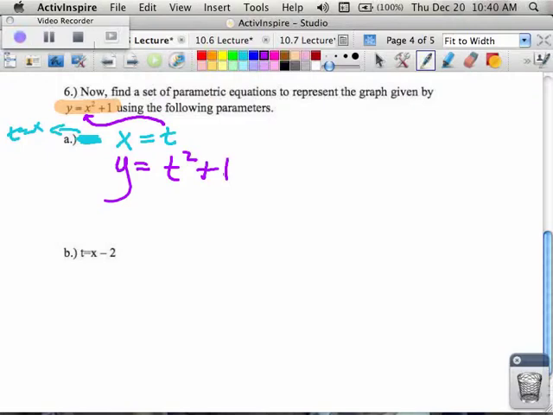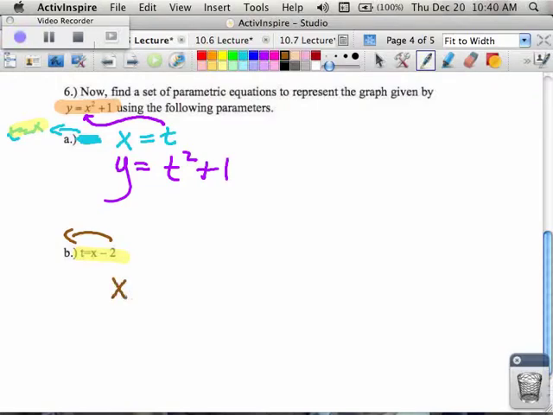What if I chose something else to be t? So down below, they say, let's try something different. Let's say the t is, instead of being x, x minus 2. Well, that kind of messes me up, because I'm not used to seeing the t equals something. I'm used to seeing x equals something. What do I do? No big deal. Just rearrange it. Move the 2 to the other side.